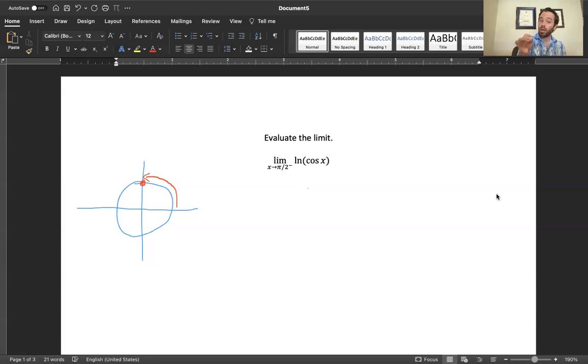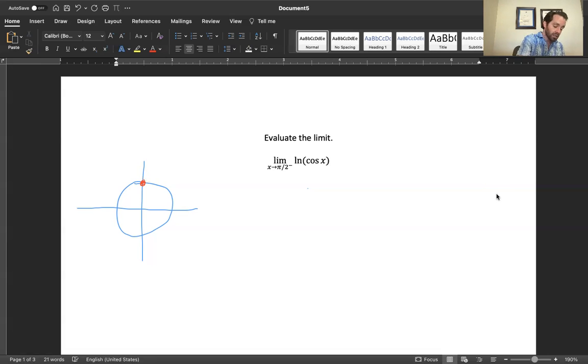Now, from below in the unit circle means that you do increase towards it, which is why I've drawn the arrow going in that direction. So what I want is to say what happens to cosine of x as x approaches pi over 2 from the left.